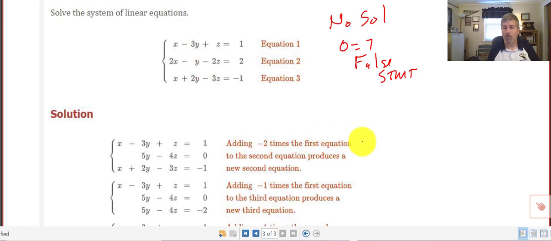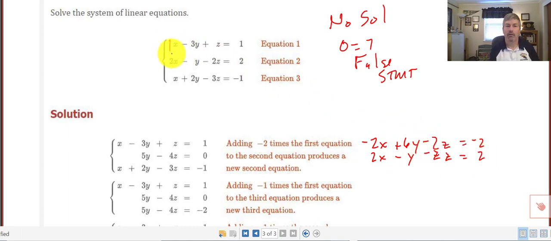By doing so, we have negative 2x plus 6y minus 2z equals negative 2. And I add that to the second equation, which was 2x minus y minus 2z equals 2. So I've multiplied this one by negative 2, and I get a new equation of 5y minus 4z equals 0.